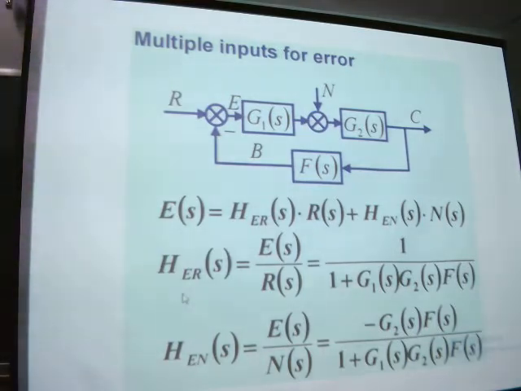Now here E(s) by R(s) equals this, and E(s) by N(s) equals this. We can do each step by step, and it only asks you to know there is an error for each different input.